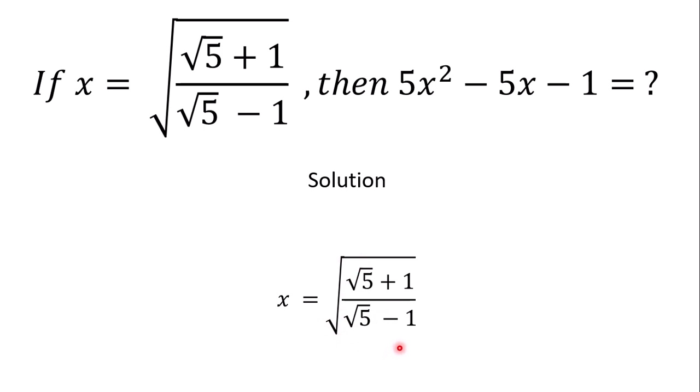As I said, we are going to rationalize using this one, and to do so we are going to take the conjugate of this one, that is root 5 minus 1. So the conjugate of root 5 minus 1 is what? Root 5 plus 1.